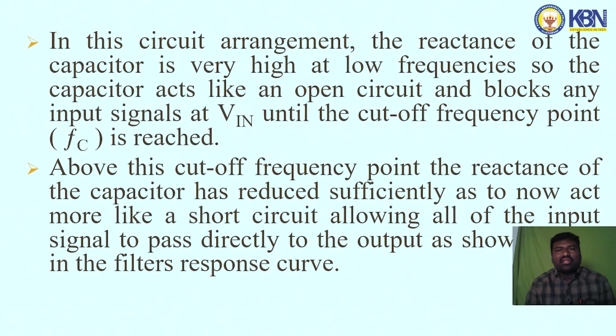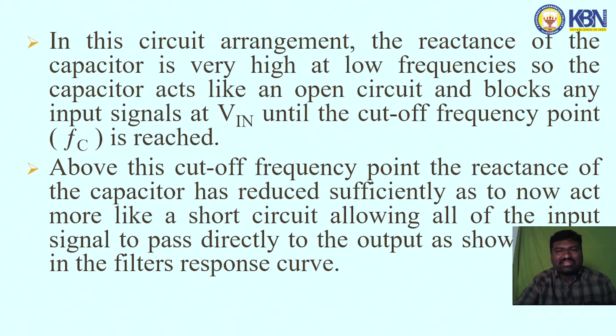In this circuit, the reactance of the capacitor is very high at low frequencies, so the capacitor acts as an open circuit and blocks any input signal until the cutoff frequency point is reached.